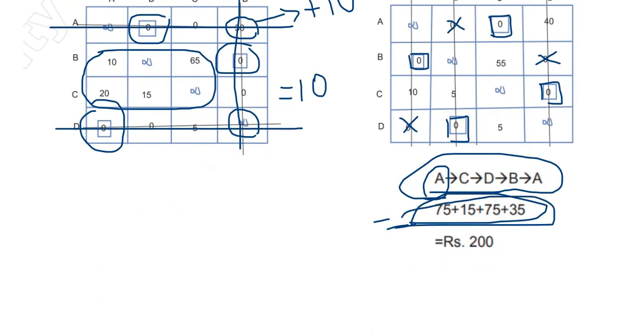So the cost of traveling the shortest route from A, traversing all cities and coming back to A is your minimum cost. So this is all about your traveling salesman problem, which is solved in a very short method.